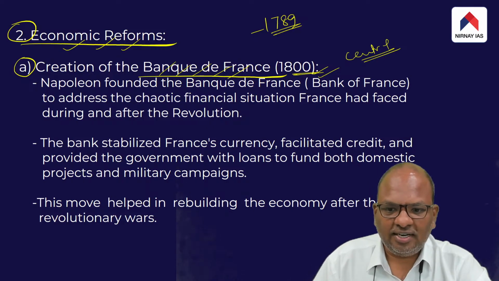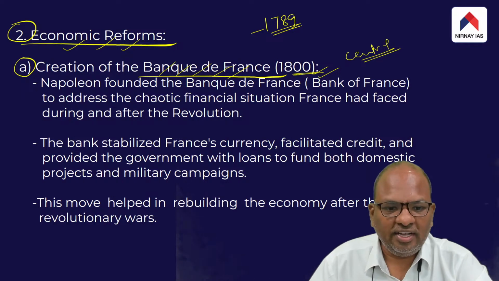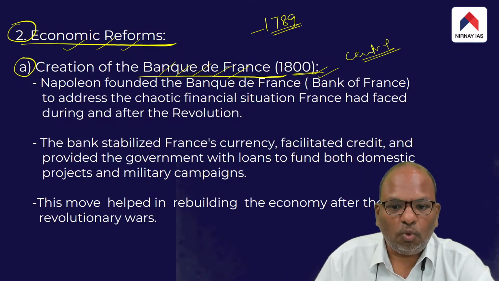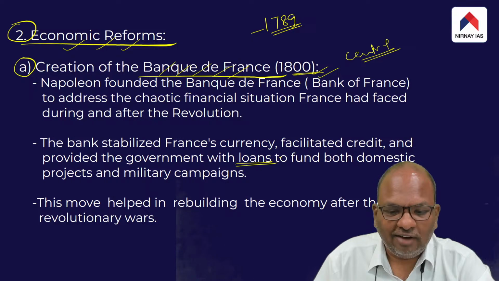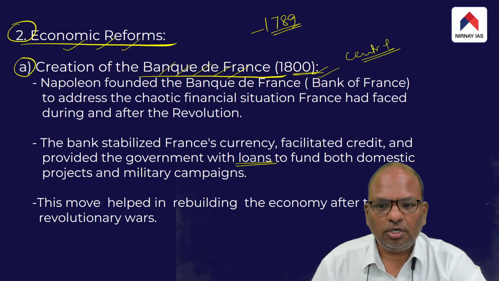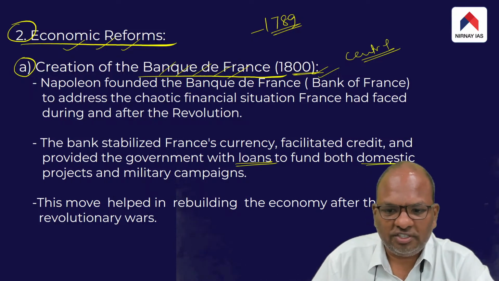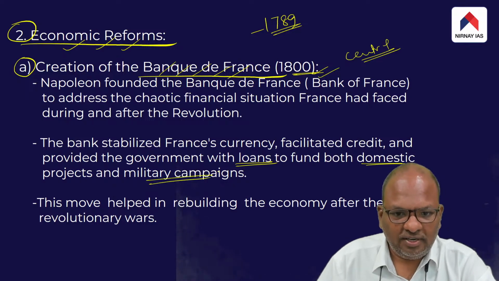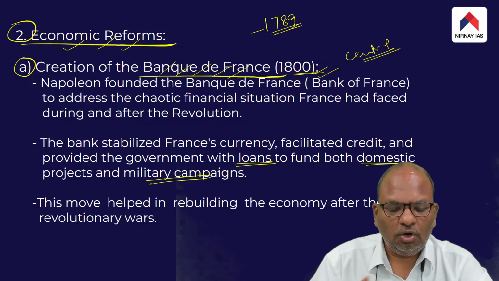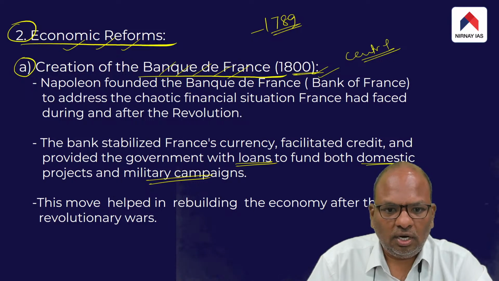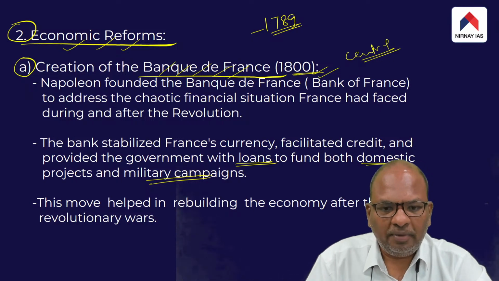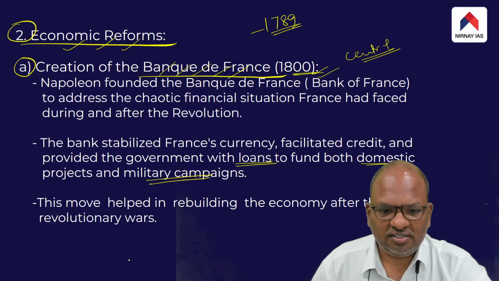This bank started providing credit and also loans to the government, which the government used to fund both domestic projects as well as military campaigns. It also played a very important role in bringing down inflation in France.